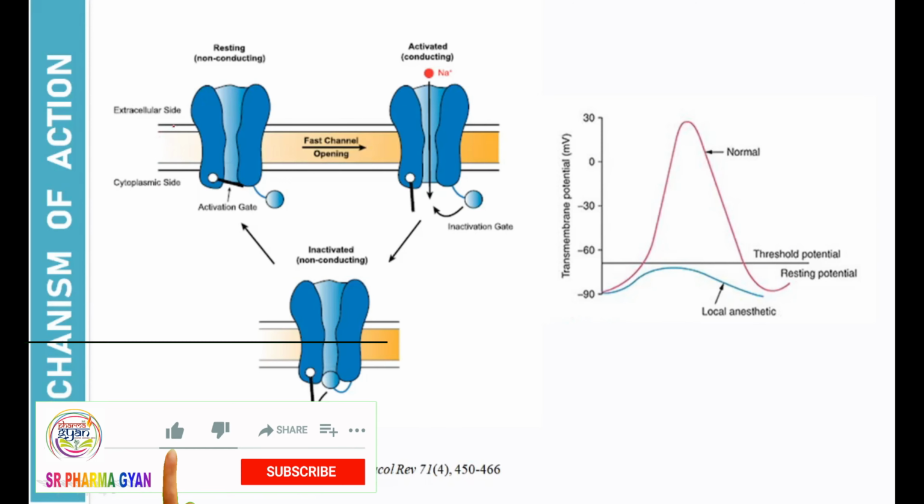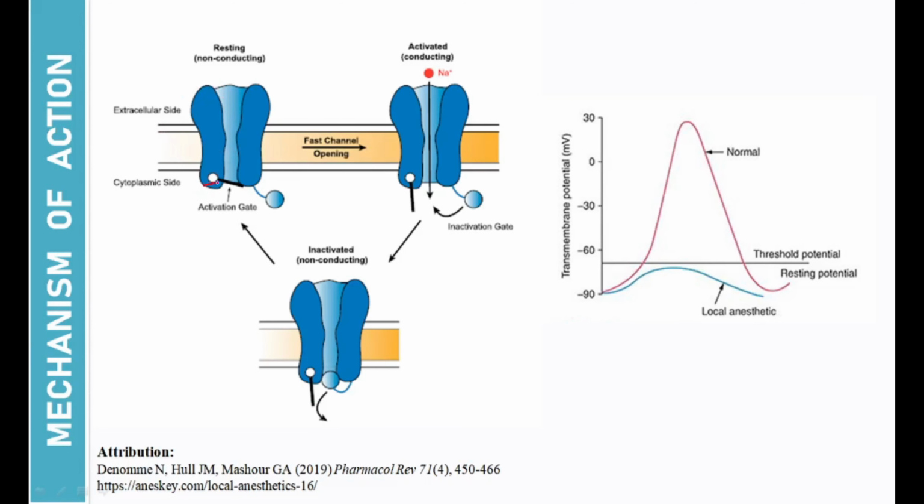Now, the sodium channel already contains the activation gate and the inactivation gate. So two gates are there. This sodium channel can be present in three different states. First is the resting condition, which is non-conducting.